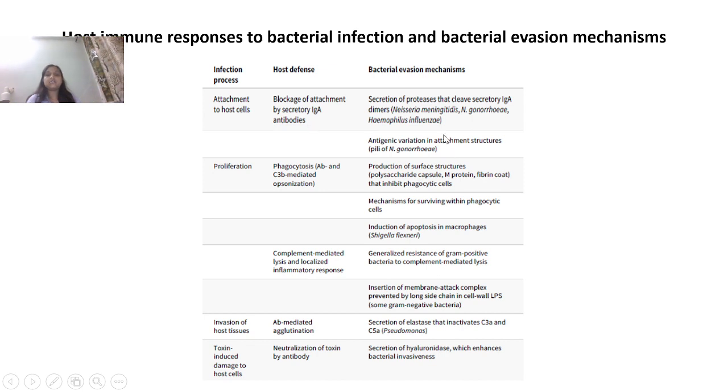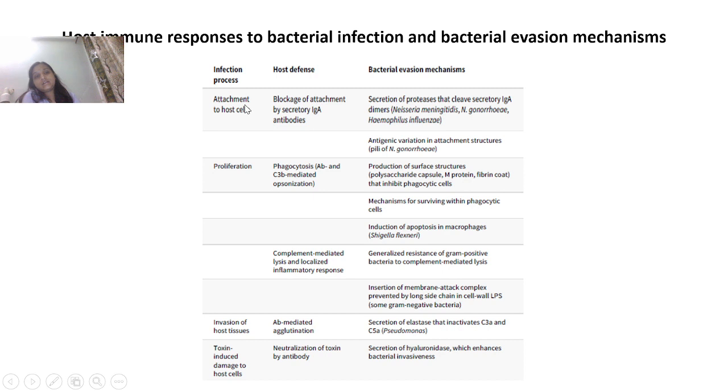However, there are many bacteria which have learned to bypass the mechanism. They will secrete some proteases themselves that will cleave the secretory IgA. For example, Neisseria meningitidis, Neisseria gonorrhoeae, Haemophilus influenzae. They have certain proteins or proteases that will cleave these IgA dimers, and they can evade the immune system.